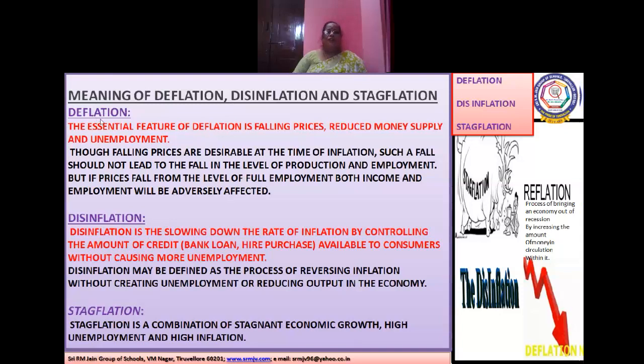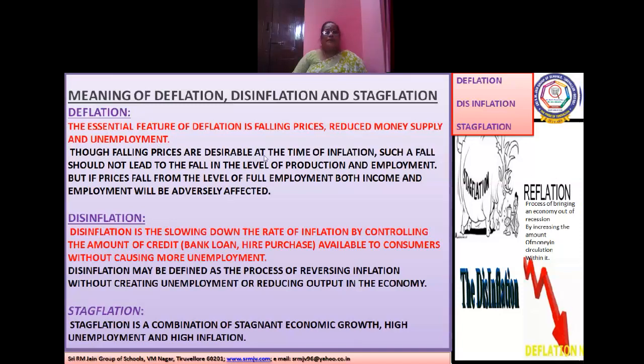What is deflation? Falling price level, and reduced money supply also, and unemployment. So you should know the meaning of inflation, deflation, disinflation, stagflation, and reflation. Okay, which I am going to give you now.